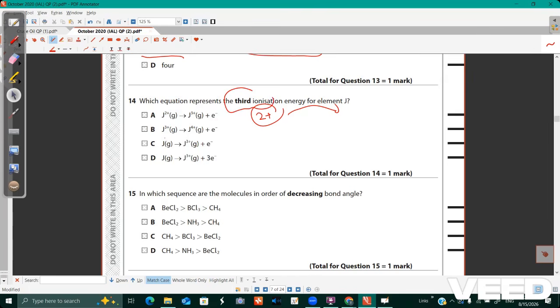So it is for J and it must be in the gaseous state. Sometimes, I'm telling you, look at the answers. Sometimes the correct formula is there, but the states are wrong. It's always between gaseous ion to gaseous ions. Right. A is the answer.